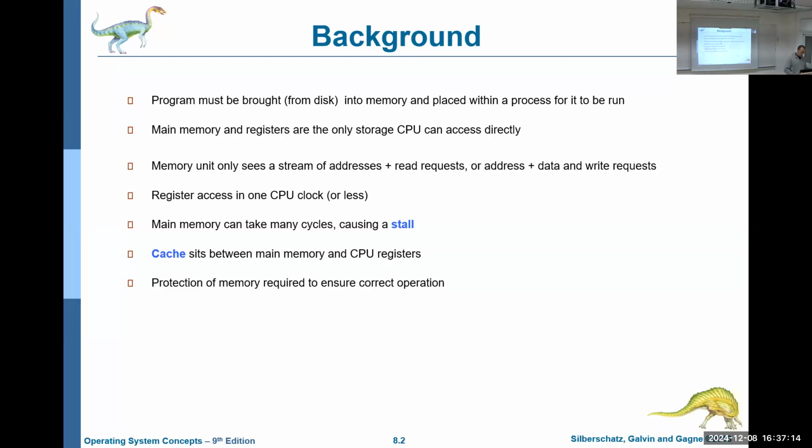Register access takes one CPU cycle or less. When you want to access a register, it's pretty much the fastest thing you can do, and that's one cycle. Main memory can take many cycles and can even cause a stall. We saw this in the pipeline.